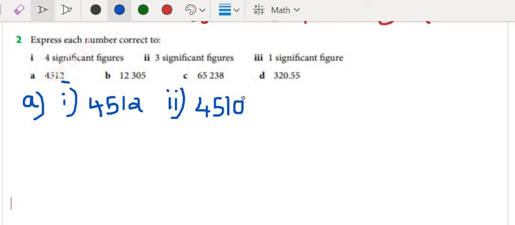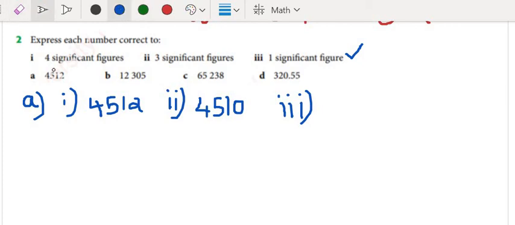So that is the difference between the decimal place and the significant figure. And the third question asks to make it 1SF.